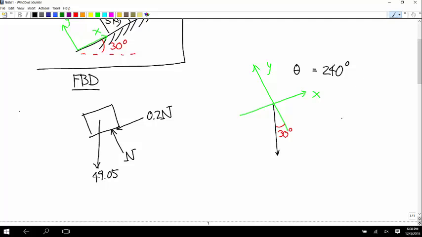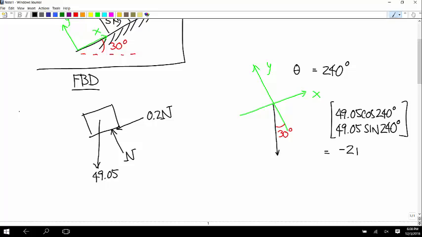And so that weight force is 49.05 times cosine and sine of 240 degrees. And that comes out to be negative 24.525, negative 42.479.